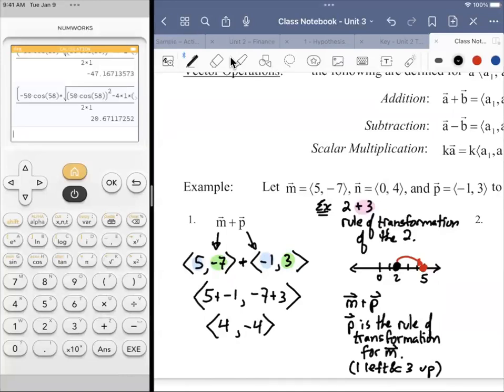The XY plane defines the X coordinate as a horizontal location or movement, and the Y value is a vertical location or movement. And also, M itself could be thought of as a rule of transformation for 0.